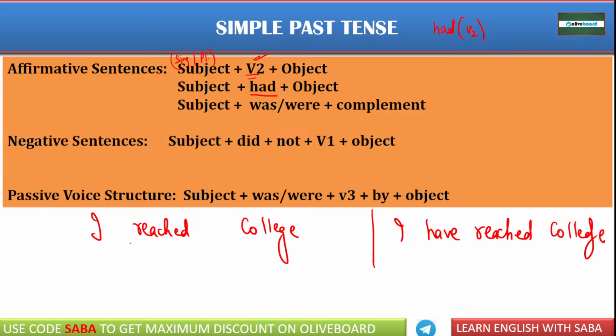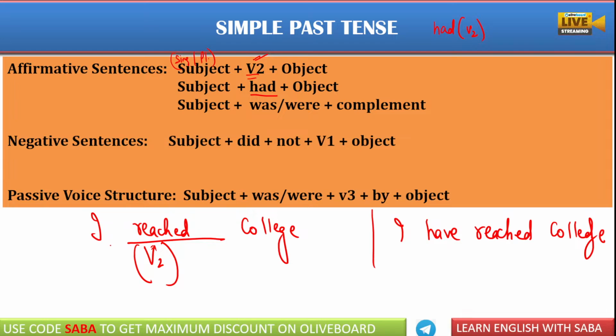Now, if I ask you which form this is, will you call it V3? Quickly let me know, yes or no? Reach is the V1 form, reached is the V2 form. No, this is the V2 form, my dear, because the V2 form never comes after an auxiliary verb.